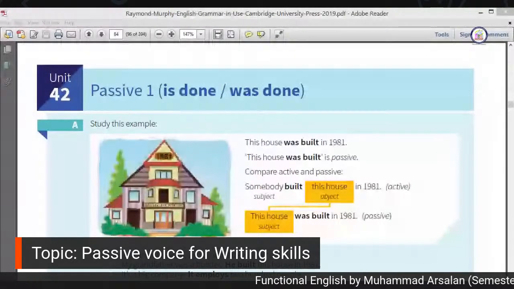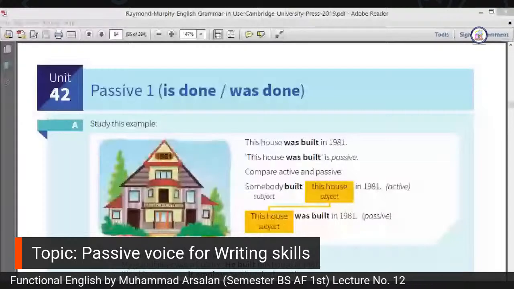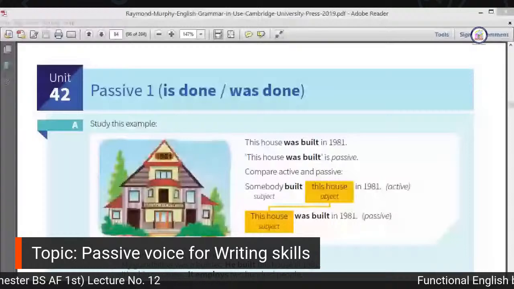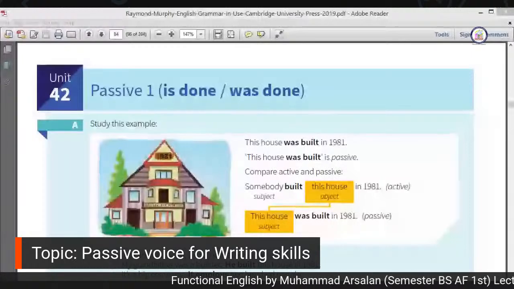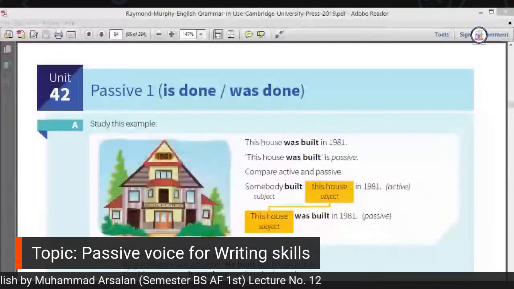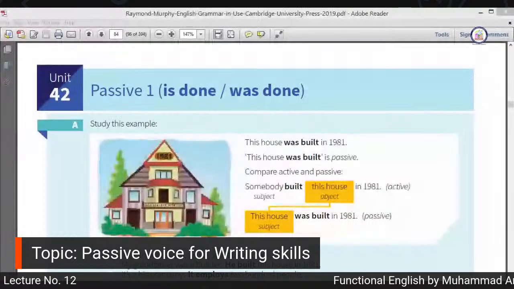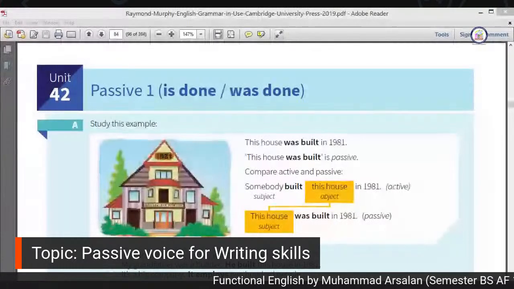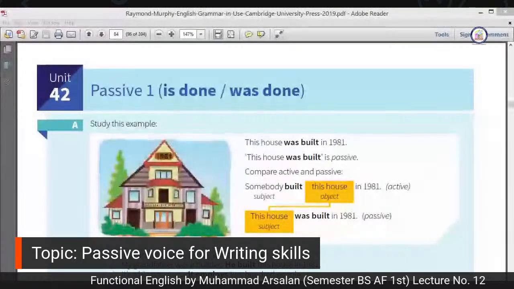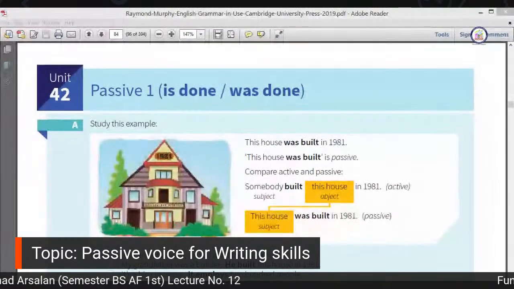Obviously, when we start learning English, we use active first. The second thing is that in schools or in colleges or in certain areas, we are taught passive voice through a transformation process, like converting an active sentence into passive voice.